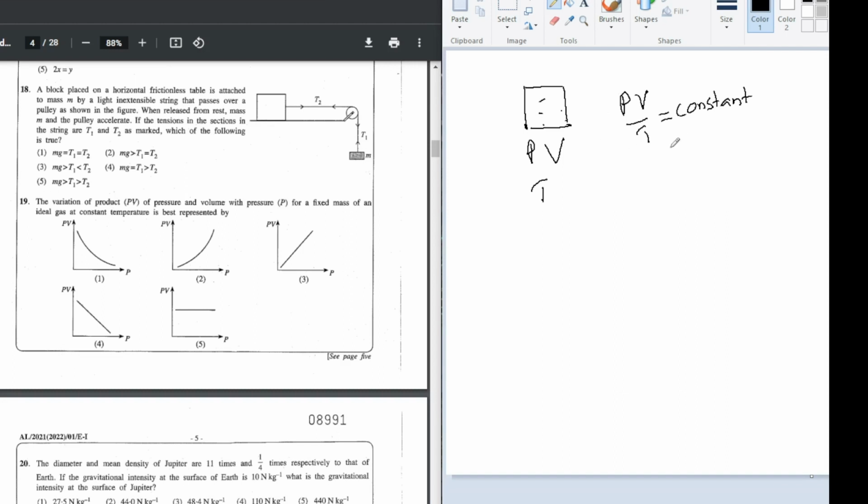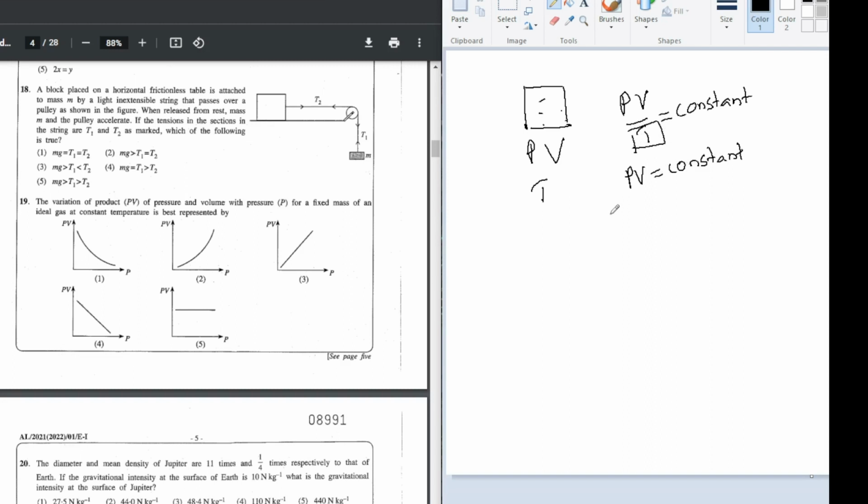And they say temperature is also constant. T is constant. Therefore, PV is constant.